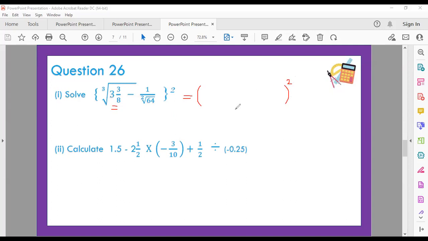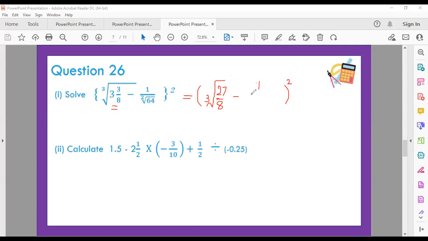So what is this? It's a cube root of 3 over 8. It's actually 8 times 3, 24, plus 3. It's 27 over 8. Now this part is done.